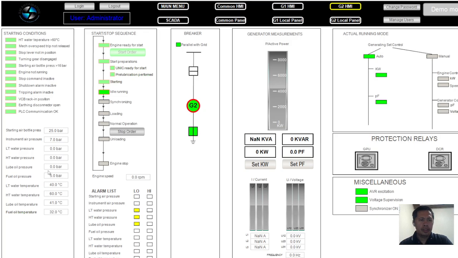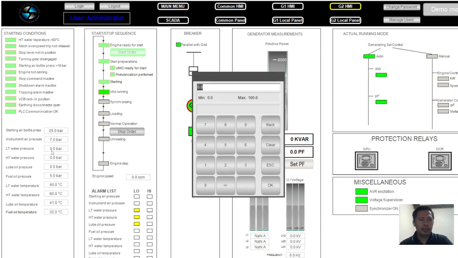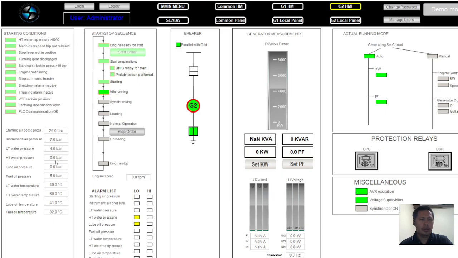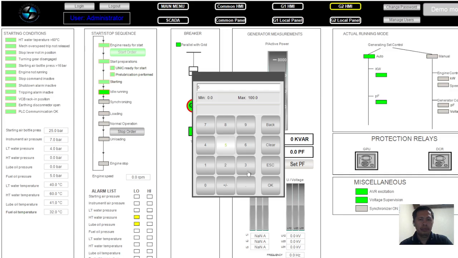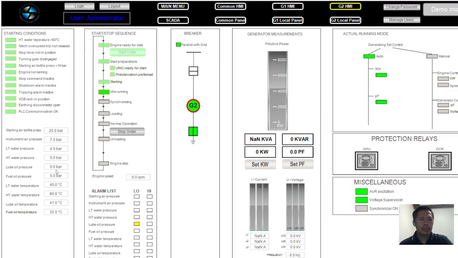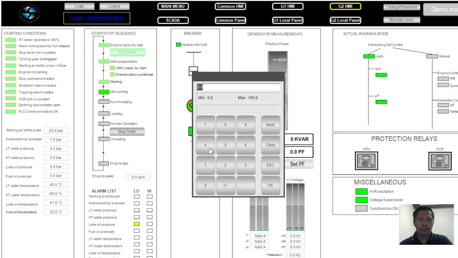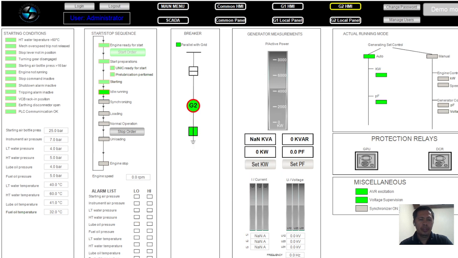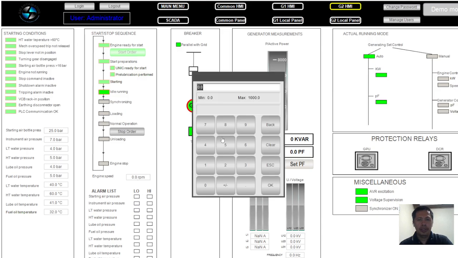Now as an operator, you need to know what the pressure is if the engine is at idle run. Let's say the LT pressure is around 4 bars and HT is 5 bars and the lube oil pressure let's say 4 bars. So now no more alarm. The RPM is 720.